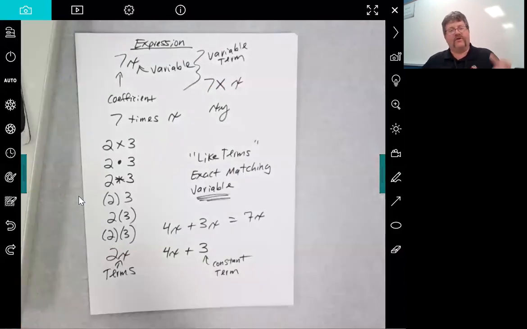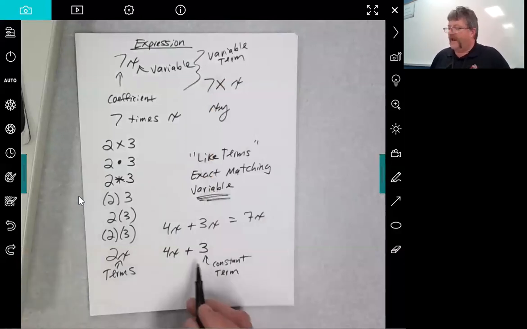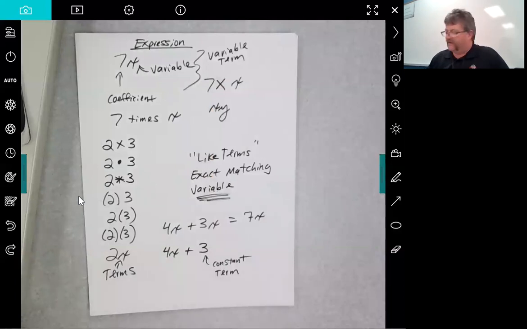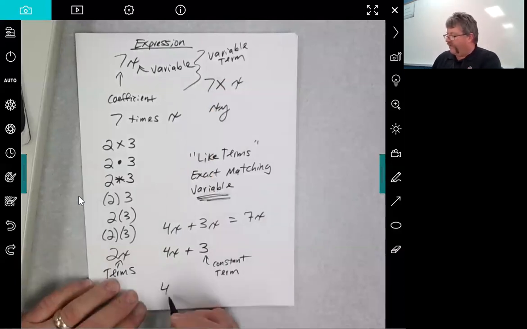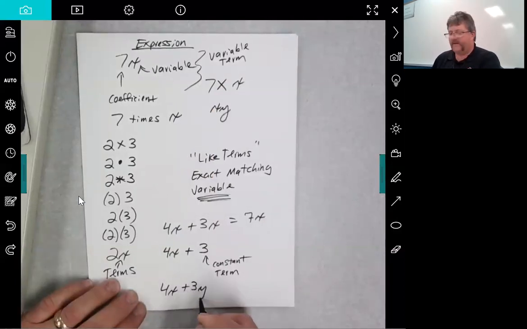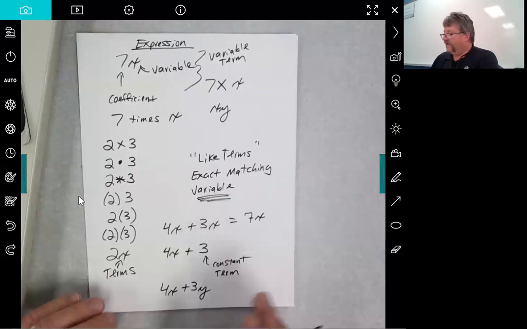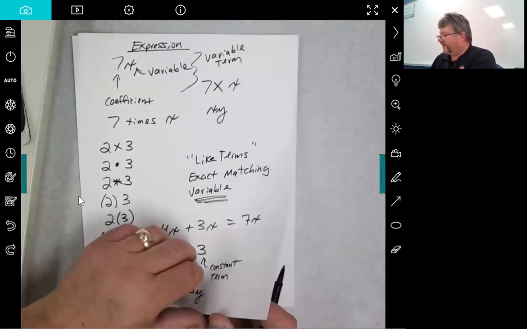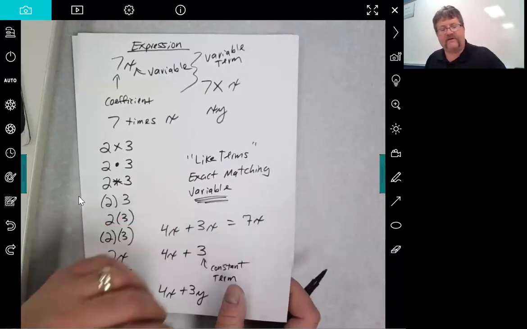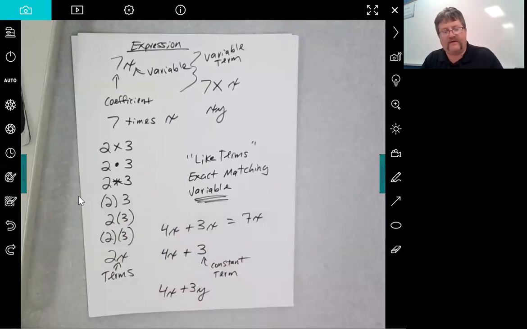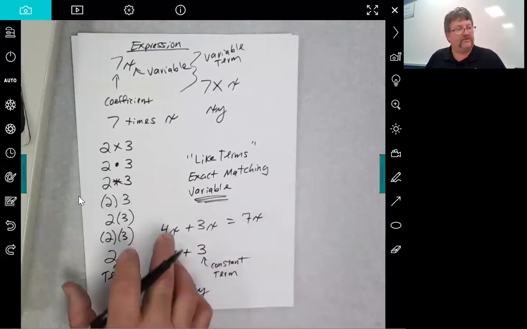Variable terms and constant terms make up these things we call expressions. Well, I can't add them unless they're like terms. So 4x and a regular old 3, no way. A 4x and a 3y, no way. Can't add them. They're not like terms. A 4x and a 3x, yeah. So I'm looking for like terms, and I'm going to remember some properties here that we're going to talk about that are going to allow me to simplify things a little better.